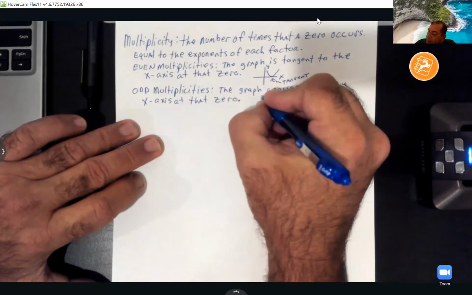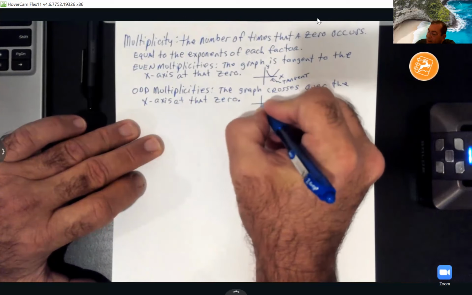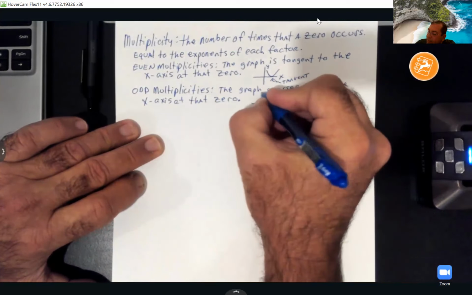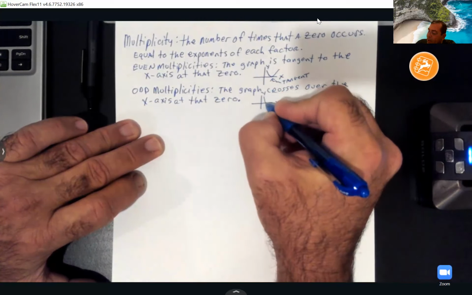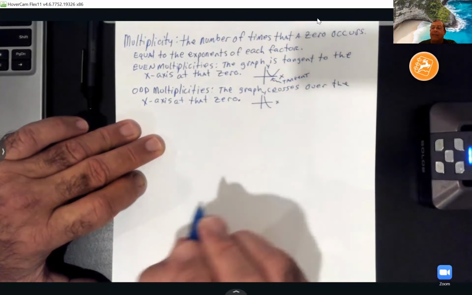Okay, so say I had a graph coming down, it would cross right over that x-axis, okay?